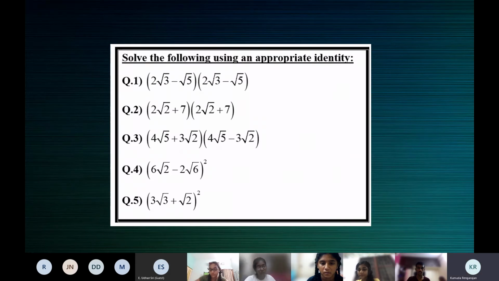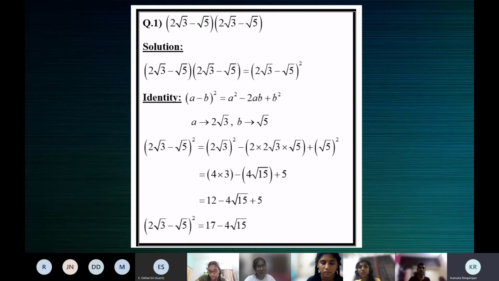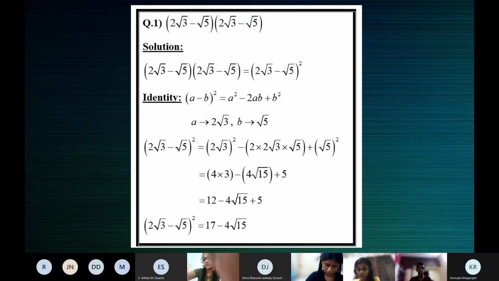I'll show the first one for you, then the rest will be a test. See the steps for the first one. You can help yourself. First you go through it and then I can explain it line by line.